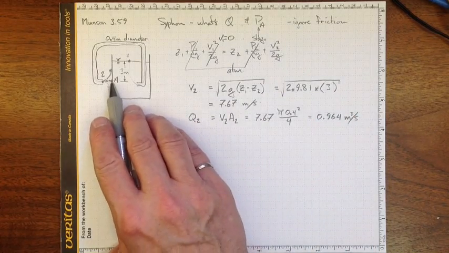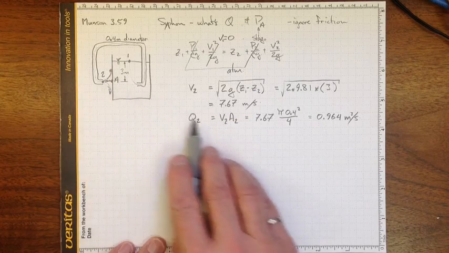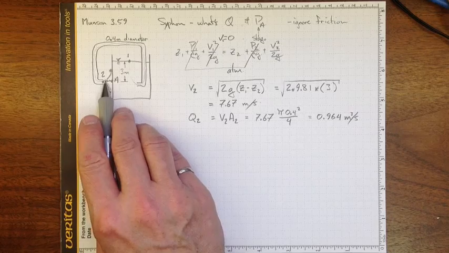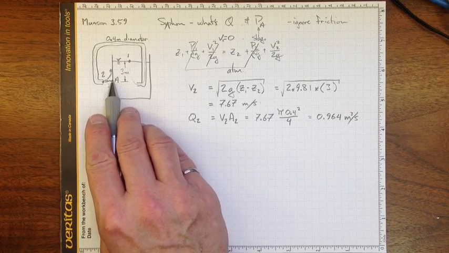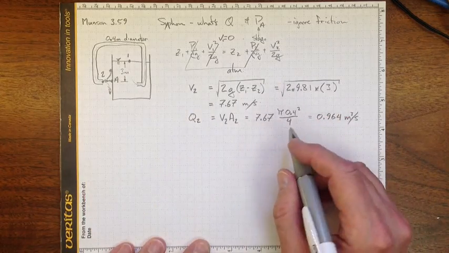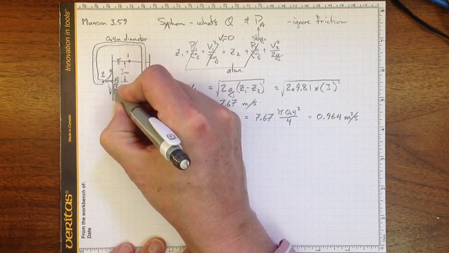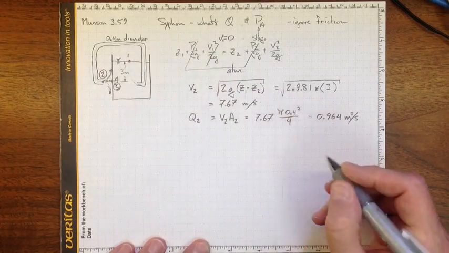Now, what's the pressure when it hits the wall? Well, it comes out of here going 7.67 meters per second, and A is going to be a stagnation point. So we can write Bernoulli between location 2 and location 3 this time.